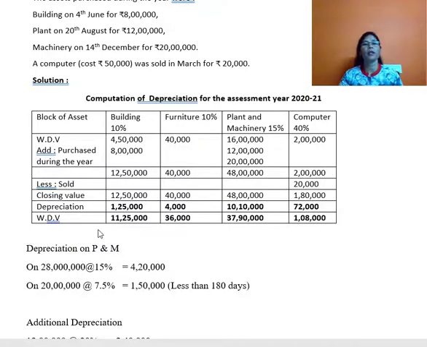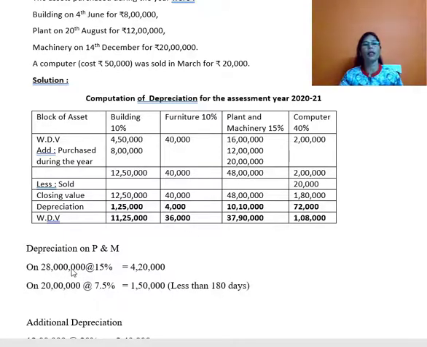You can see here, from the written down value of 48 lakh rupees, you have to deduct this 20 lakh which is used for less than 180 days. So on this 20 lakh, we have to charge half of the rate, that is at the rate of 7.5%. So from 48 lakh, if you deduct 20 lakh, the rest which was in the beginning as well as the addition during the year will come to 28 lakh.